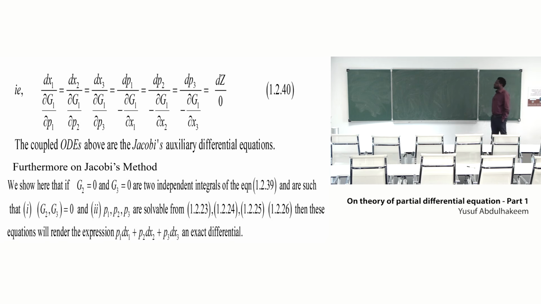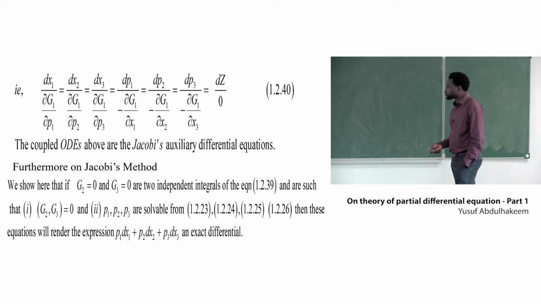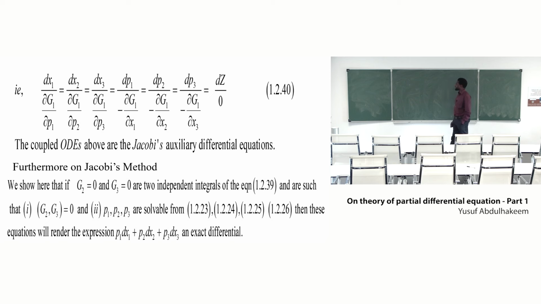Then further on Jacobi's method, we show here that if G2 is equal to 0 and G3 is also equal to 0 are two independent integrals of equation 1.2.39 and are such that 1, G2, G3 is equal to 0 and 2, P1, P2, P3 are solvable from 1.2.23, 1.2.24, 1.2.25, 1.2.26, then these equations will render the expression P1 dx1 plus P2 dx2 plus this an exact differential.